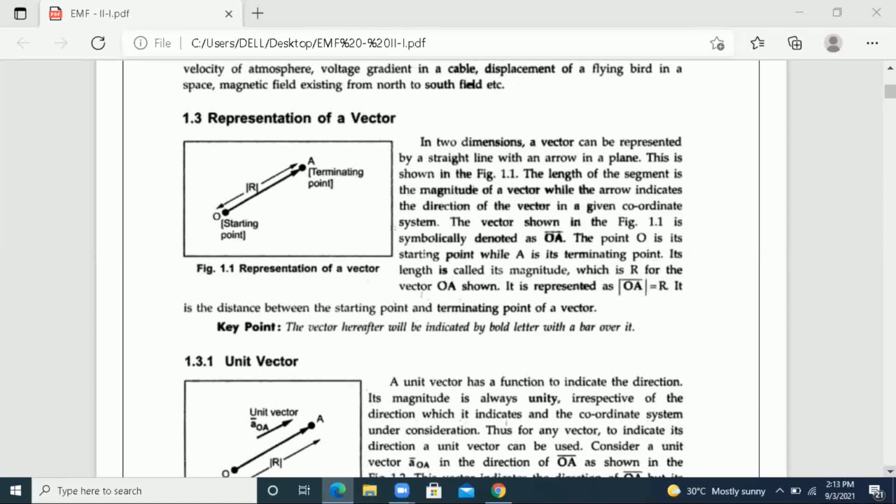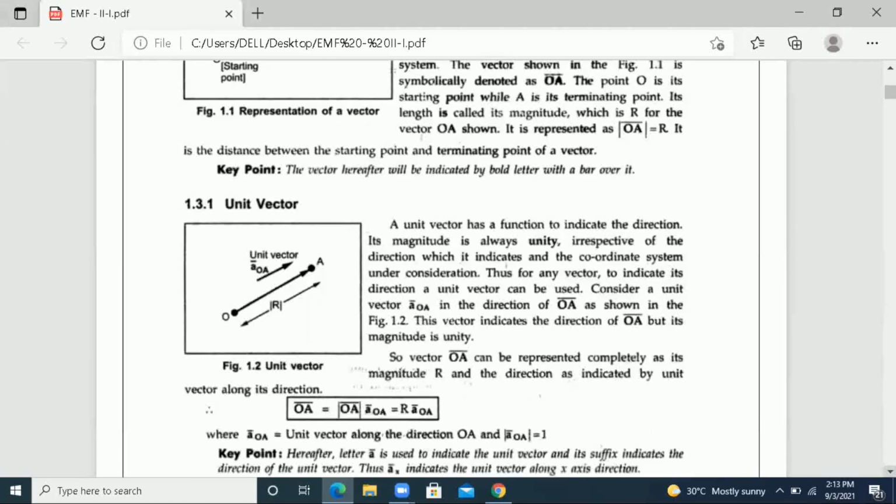Now, a very important concept. In our numerical system, we count by 1.